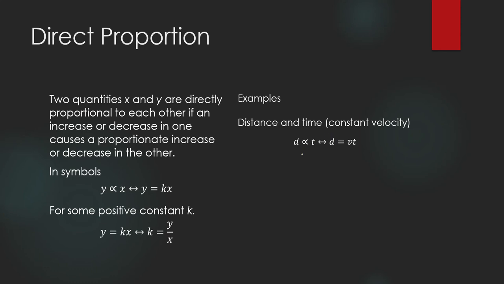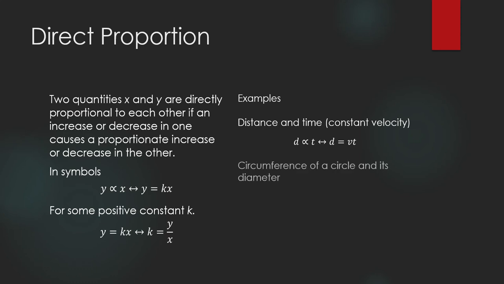So this is how you write it. D, distance, is directly proportional to time, okay? And you can write it as an equation. This means that distance is equal to the constant, okay? And your constant here is v, your velocity, times time.